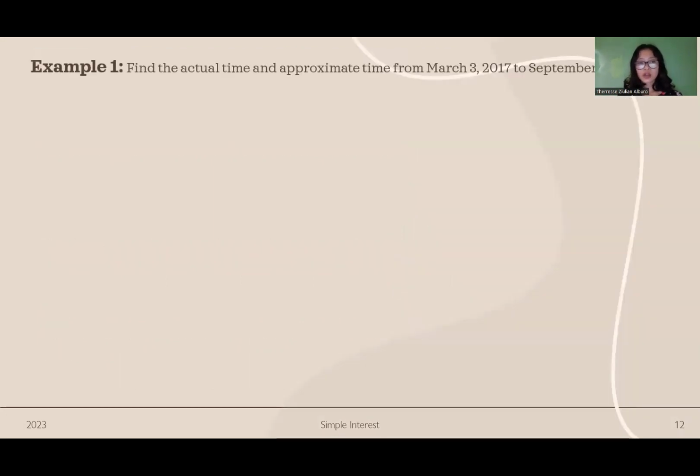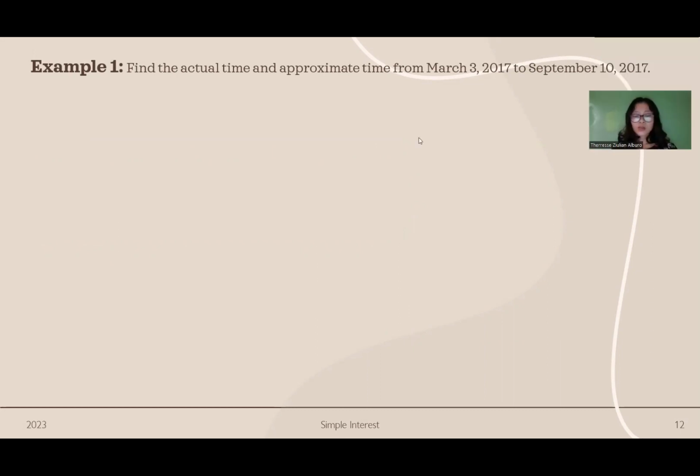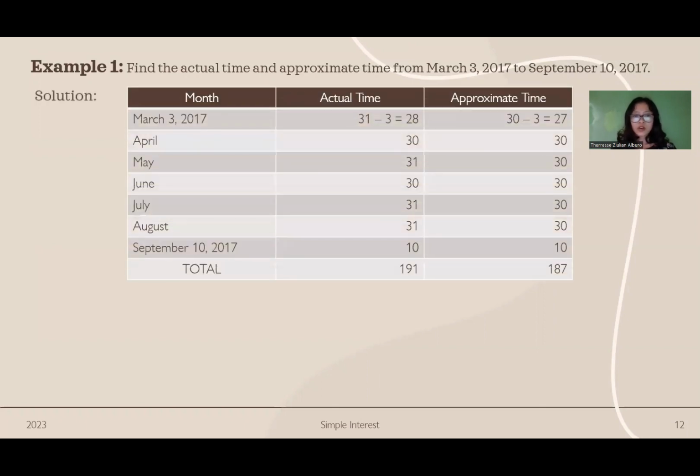So here is the first example. We are going to find the actual and approximate time from March 3 to September 10, 2017. Here is the solution. To get the actual time, first we subtract 3 from 31, since there are 31 days in March, and the answer is 28.